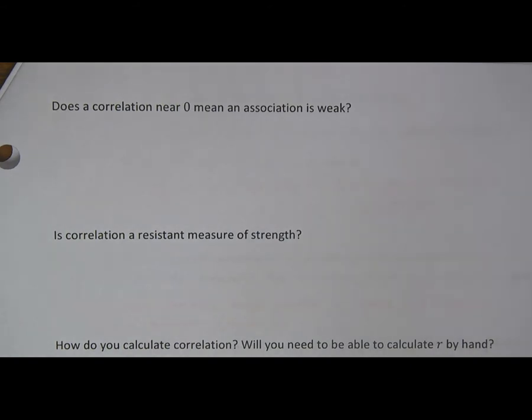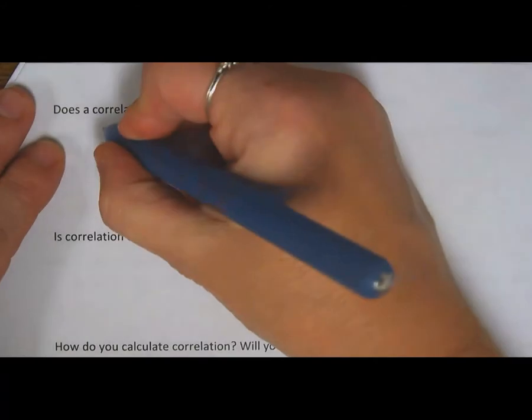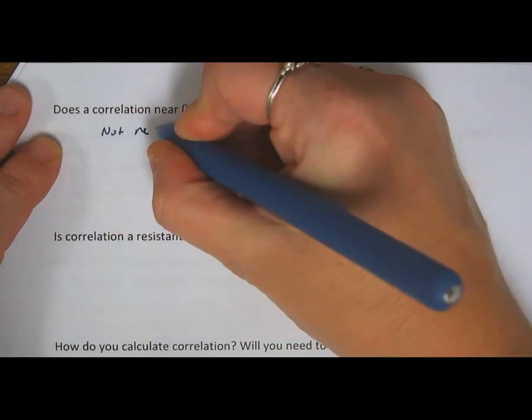Now I told you a second ago that the closer R is to 0, the weaker it is, but there is an exception to the rule, as in most cases in math. Not necessarily here, and I'll illustrate it for you.